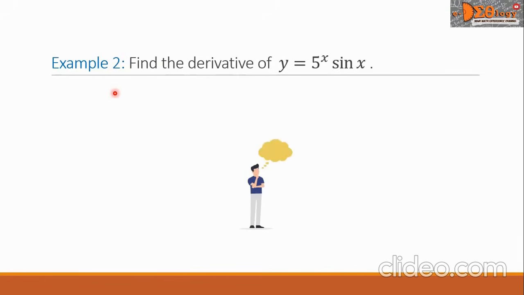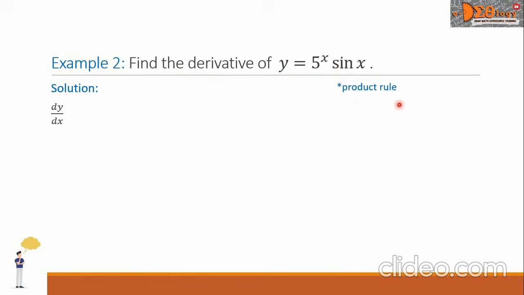Example 2. Find the derivative of y equals 5 raised to x sine x. For our solution, we will take the derivative of this, but we should remember 3 things. Number 1, the product rule. We can see here that our function is a product of 2 functions.